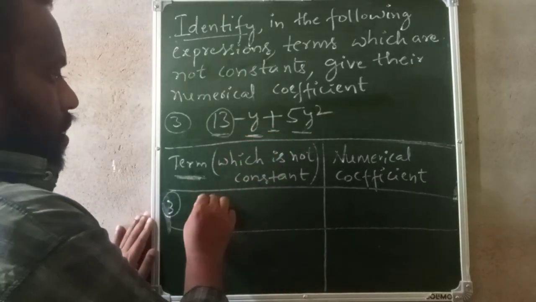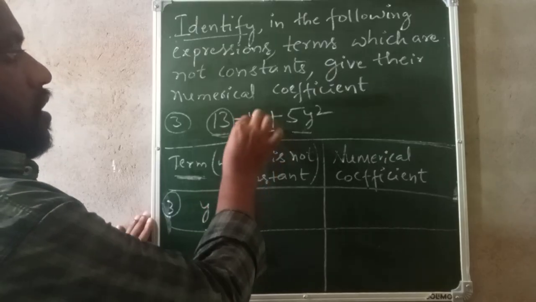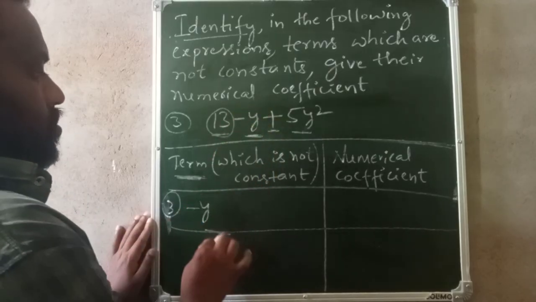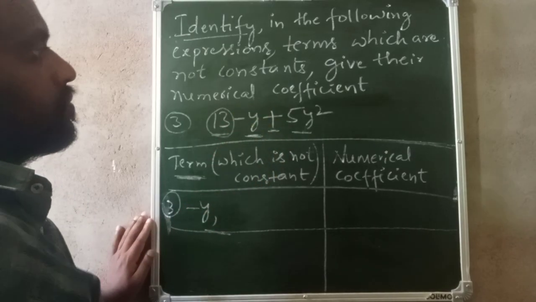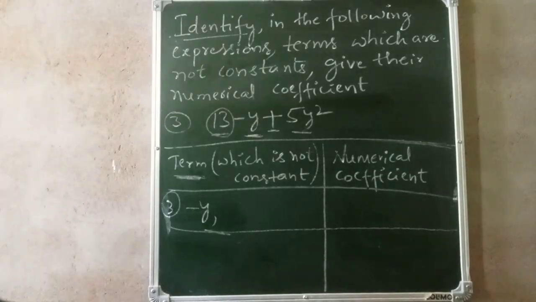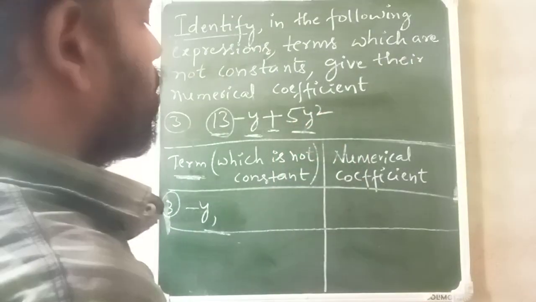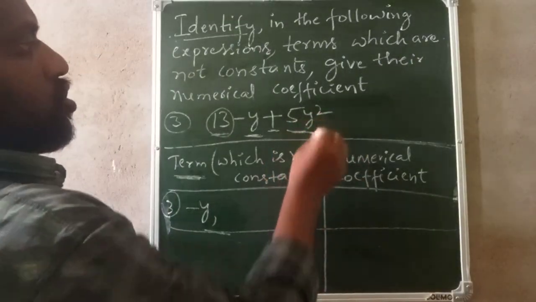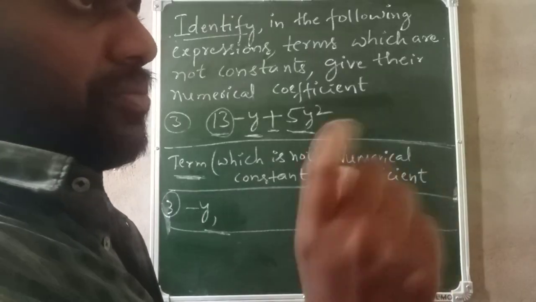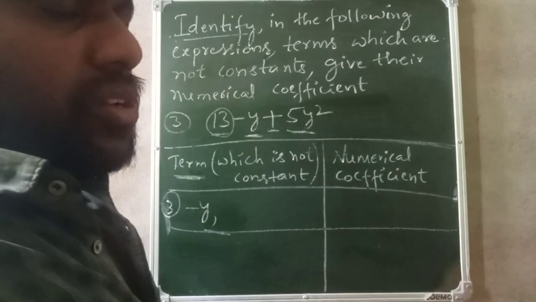So I will write this y, but along with y the sign is also important: minus y. Next, the second term is done. We will come to the third term. It is not just a number. If there is a single number, then that is a constant.